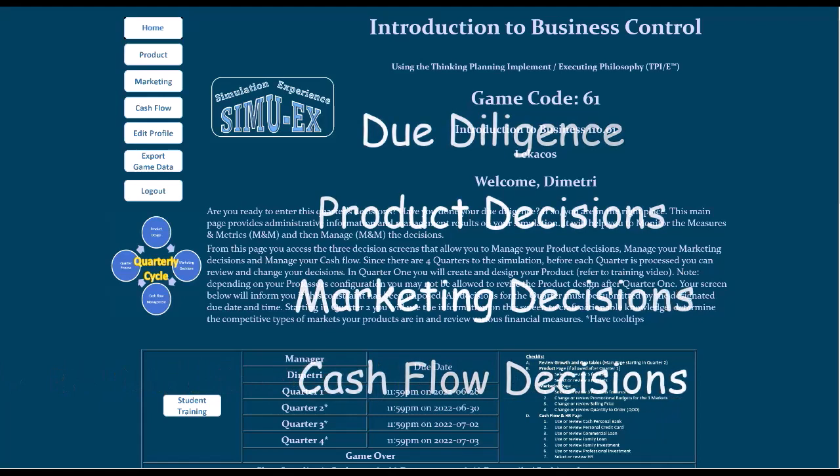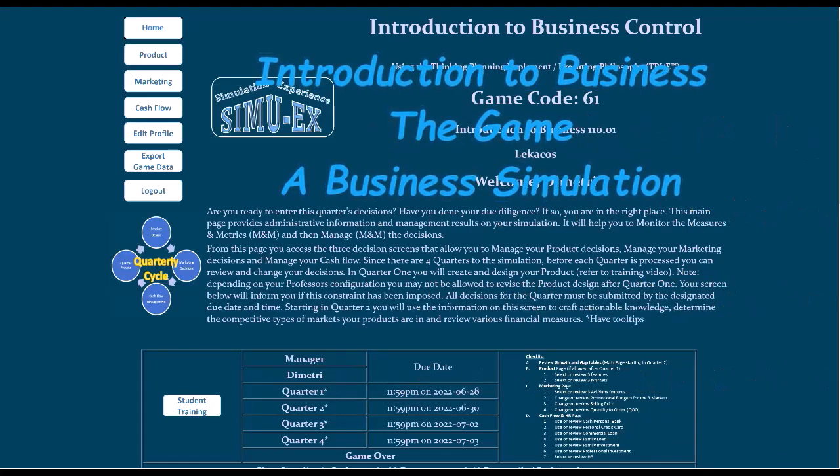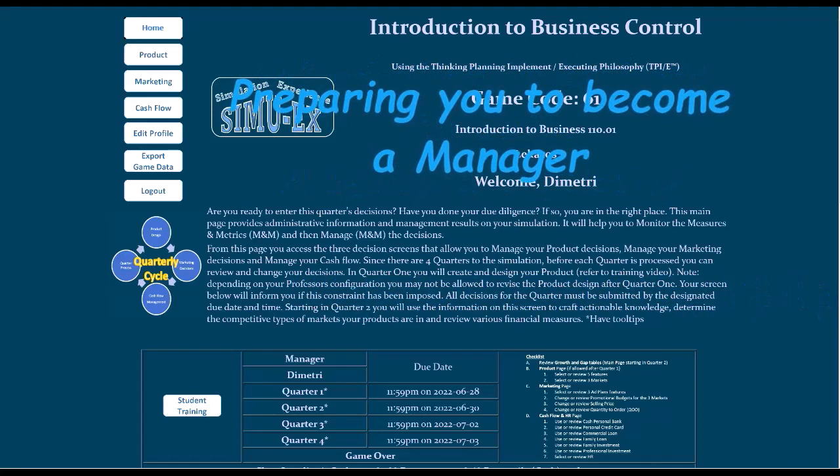And thus the introduction to business, the game simulation, is emulating the various characteristics of a manager in the real world. And so proceed to follow these set of processes so that you can appreciate what it will be like when you become a manager in a corporation in the real business environment.